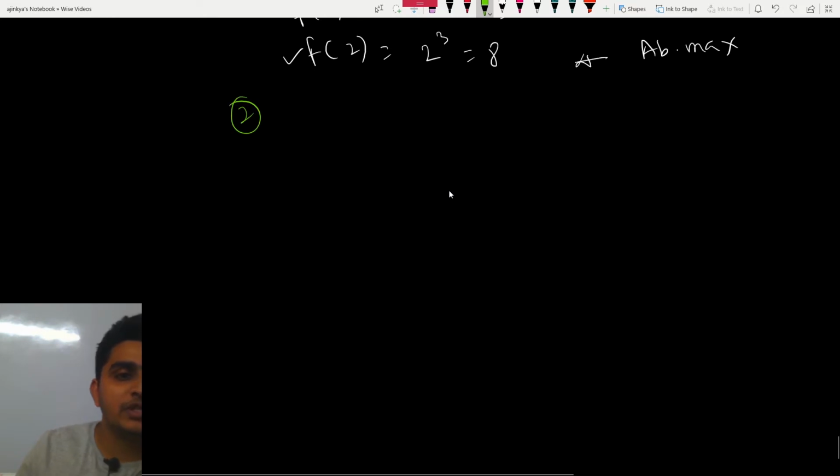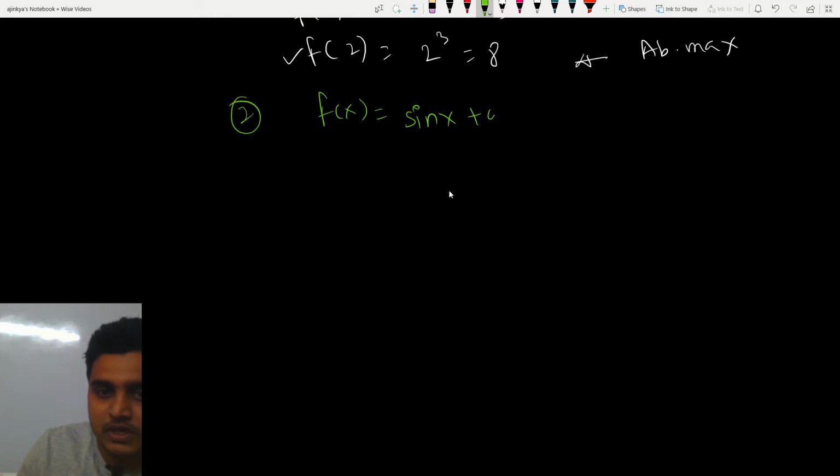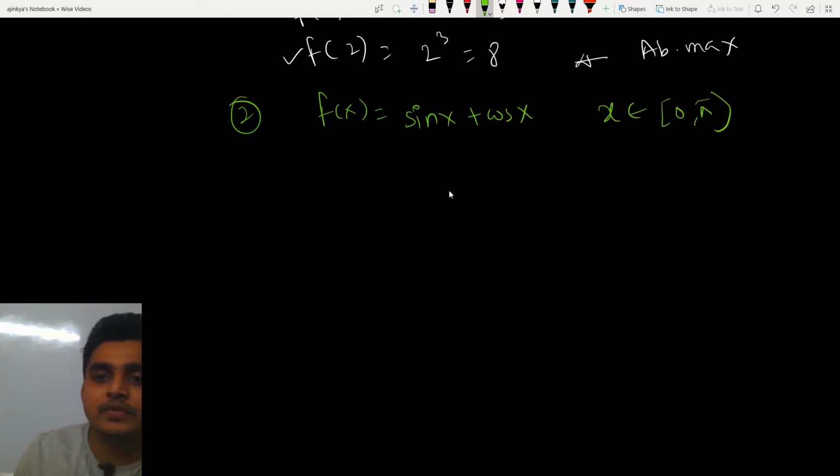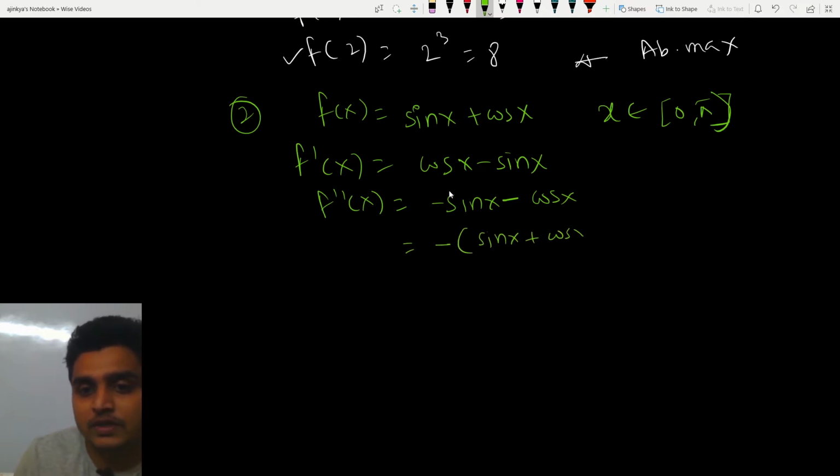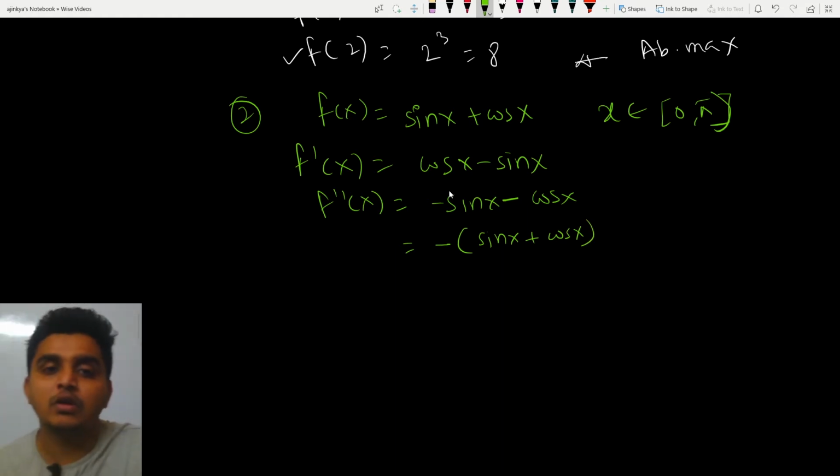Here, f dash of x is going to be cos of x minus sin of x, and f double dash of x is going to be minus sin of x minus cos of x, or in other words minus of sin of x plus cos of x. So we have taken minus 1 out common here.